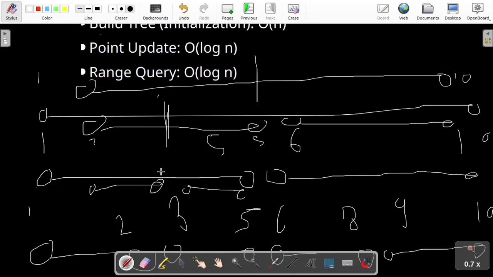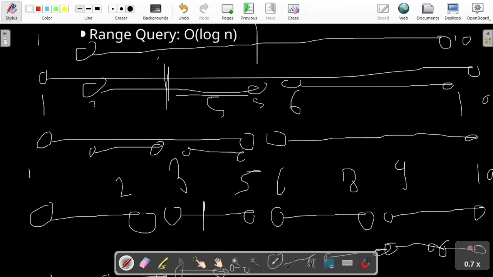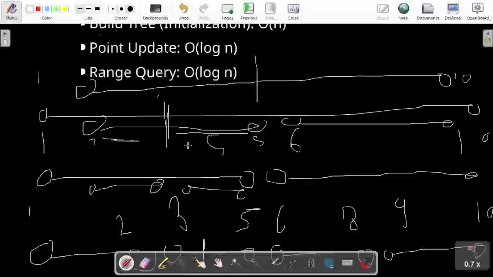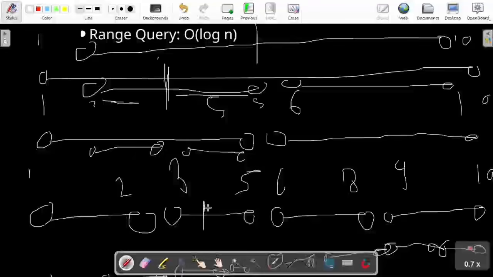And you can clearly see that this part was already completely overlapping with this part, but we were with this segment at that moment, so we were not able to answer directly. But once this segment becomes separate from us, we were left with this part. It was completely overlapping, but we cannot return its answer directly from here. So you return its answer from here.